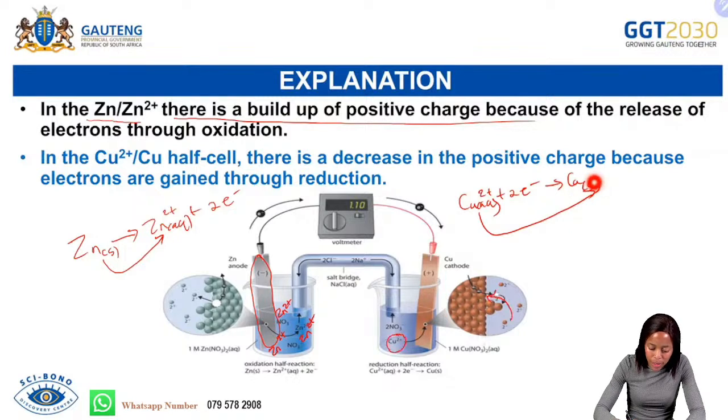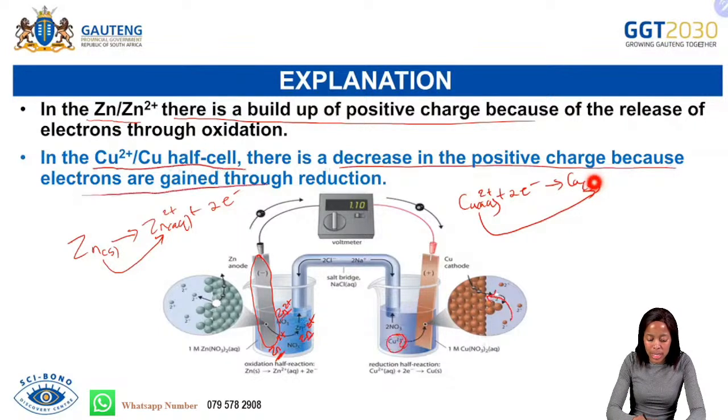So we are going to have a small number of the Cu2+, but on the anode side, we are going to have a lot of what? We are going to have a lot of the Zn2+. So it says here in the Cu2+ or Cu half cell, there is a decrease in the positive charge because electrons are gained through reduction.